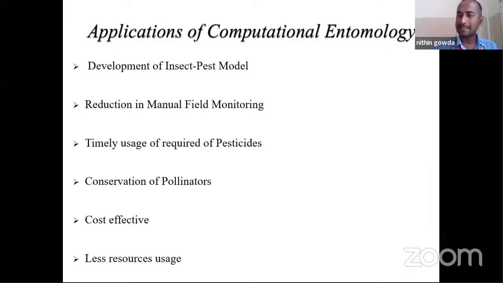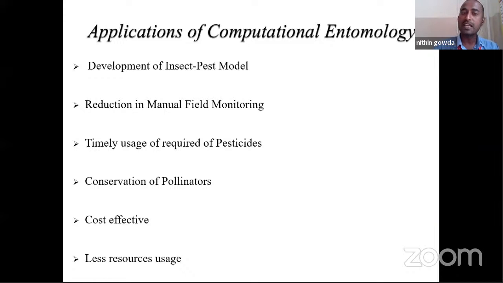You can record the density of a wide variety of insects which are present in that particular region, and you can pass that message on to entomologists, and you can get a suggestion from them whether you need to go with a pesticide or whether the particular insects recorded in your trap are negligible.